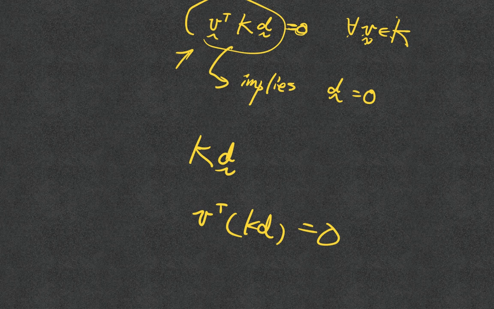What is the relationship between V and KD? Basically, the dot product is 0. In what case would the dot product equal 0? Orthogonal to each other. Very good.